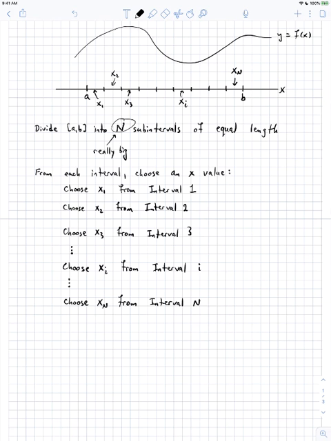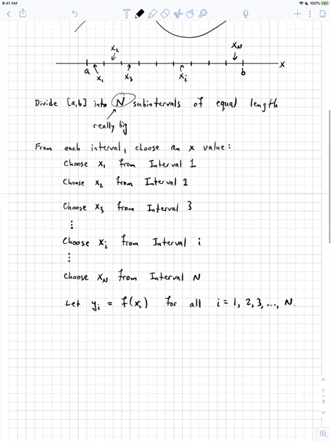So let y sub i be equal to f at x_i for all i starting at 1 and going up to n. So this gives us n output values for the function f.